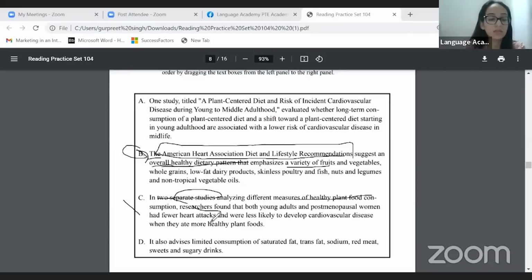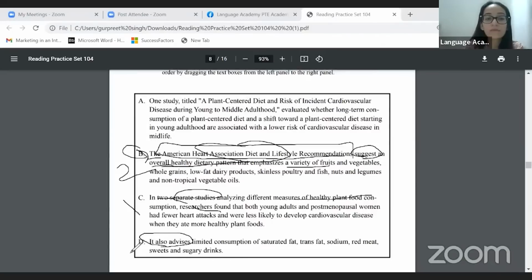And then there is this sentence, D, which is very, very important. It says "it also advises." That means before this will come a sentence in which there is an advice, and "also" signals the second advice. So now will come D, the American Heart Association, because this is the name of the organization. This organization suggests, and suggestion means advice.